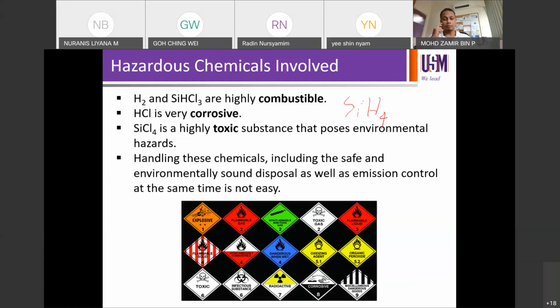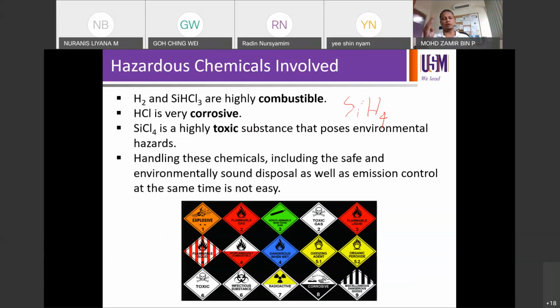So, but not to scare you off, chemicals and gases yang ada dalam fab ni, they are usually well contained. Well contained, that means they have double containment. They have all the safety features required for them to operate, right? Maksudnya tak boleh simply on.